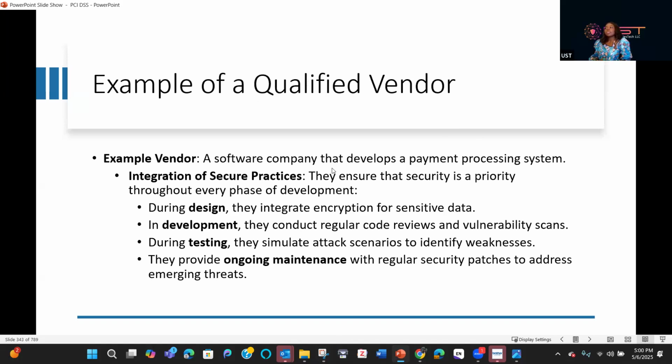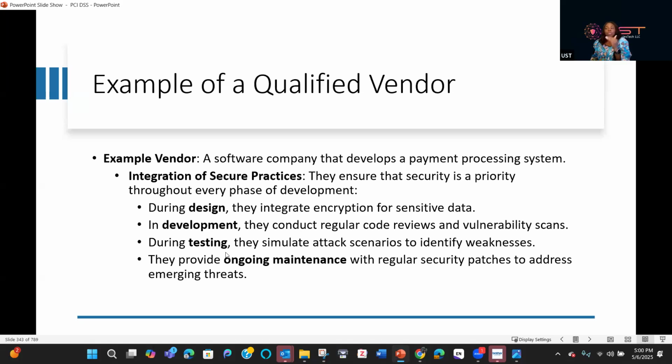Let's see. A software company that develops a payment processing system. First, integration of secure practices. They ensure that security is a priority throughout the phases of development. During the design, they integrate encryption for sensitive data. In the development phase, they conduct regular code reviews and vulnerability scans.